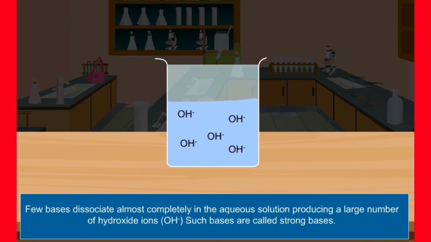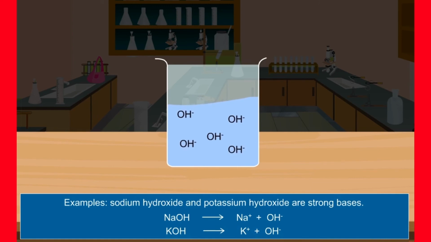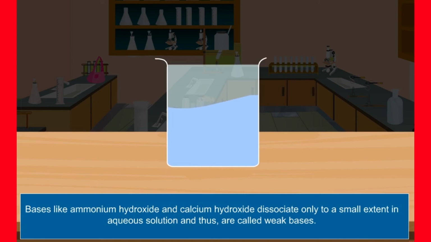Such bases are called strong bases. For example, sodium hydroxide and potassium hydroxide are strong bases. Bases like ammonium hydroxide and calcium hydroxide dissociate only to a small extent in aqueous solution and thus are called weak bases.